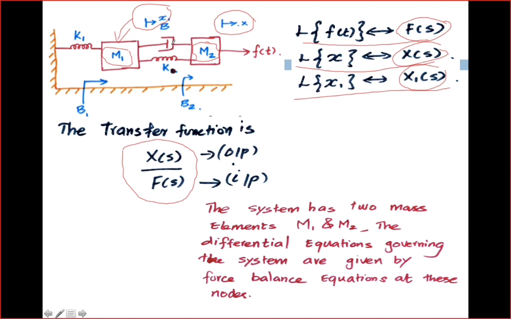Mass is the ideal one, so we consider the mass element to model the given mechanical translation system. First we find the differential equations related to the first mass element, and then the second mass element.